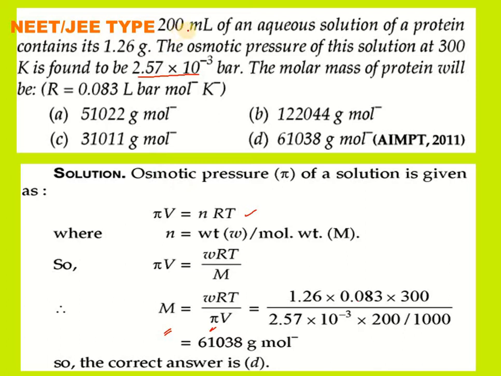We have 200 ml, convert it into liters, so 200 by 1000. After converting and simplifying this, we got 61,038 grams per mole. That is the molar mass of the protein. So option D is the answer for it.